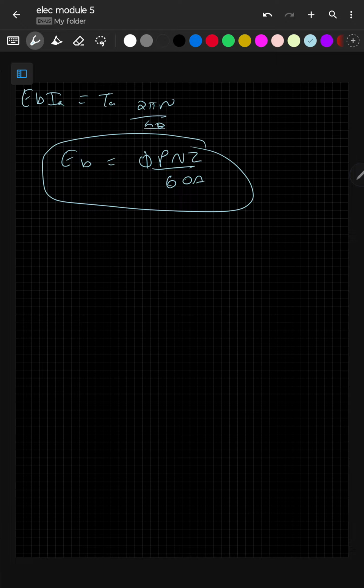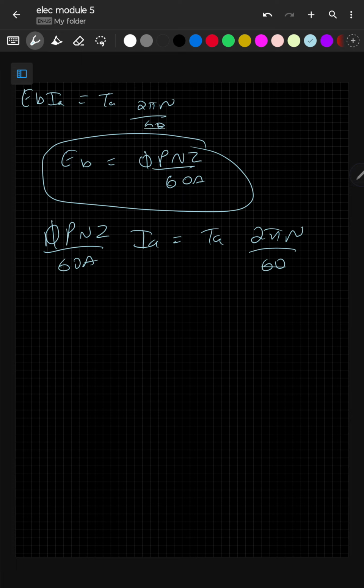Third thing you have to remember is EB equals phi PNZ by 60A. So phi PNZ by 60A into IA equals TA into 2 pi n by 60. 60 cancels, n cancels. So phi PZ IA by A equals TA 2 pi.